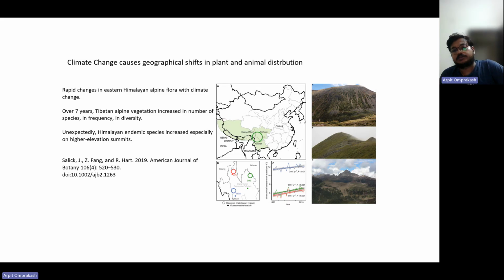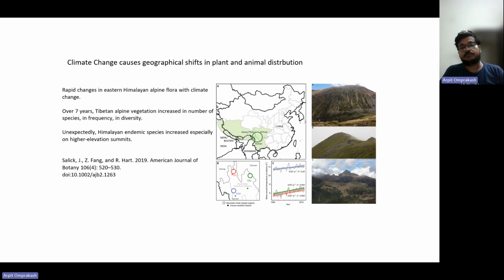What is happening is that this vegetation is increasing because other plants from down below are climbing up and coming here.